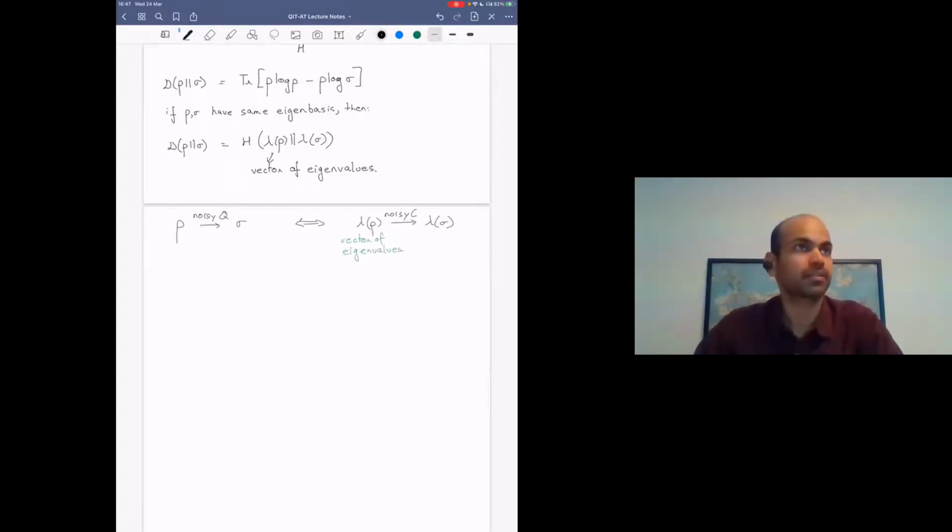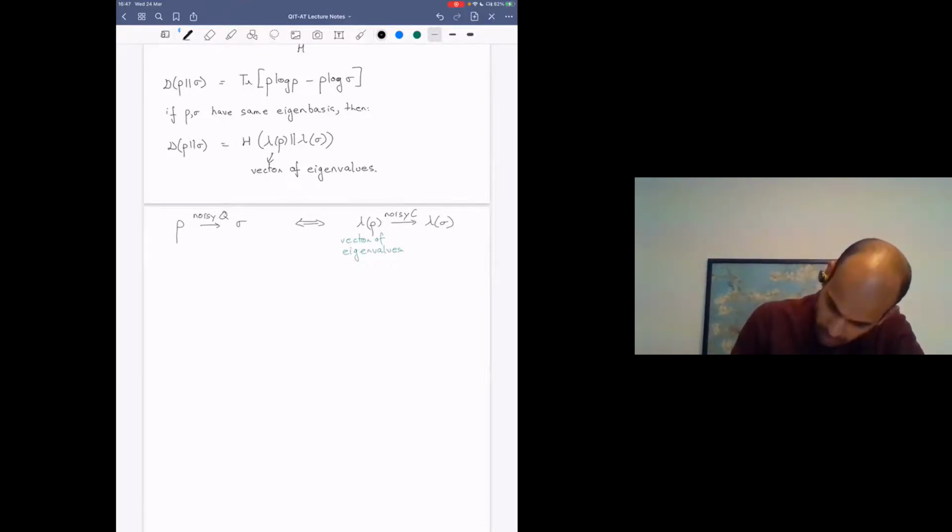The way this goes is the following. The fact that rho can go to sigma means that there is some noisy quantum operation, epsilon, acting on rho that is equal to sigma.